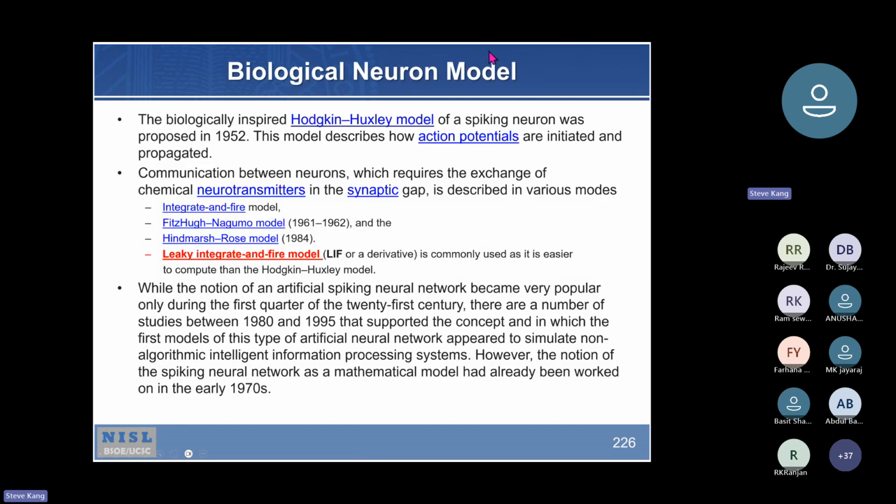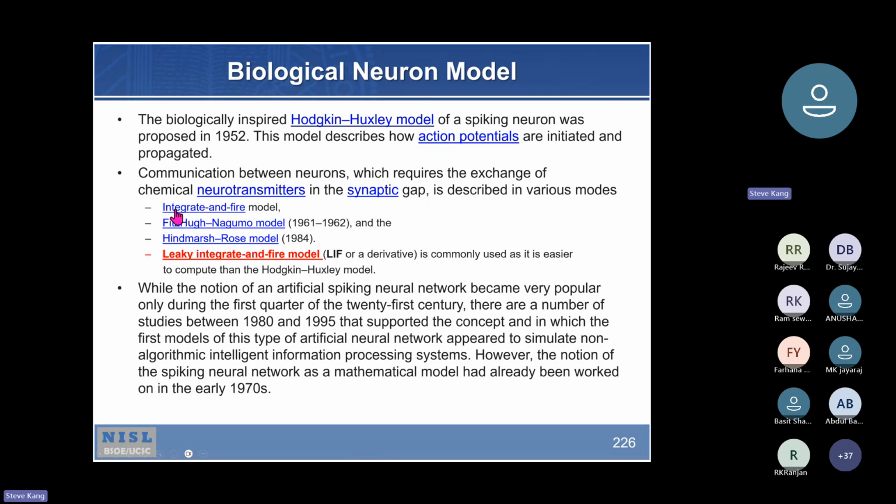So, the biologically inspired Hodgkin-Huxley model of a spiking neuron, which we discussed earlier, was proposed in 1952. This model described how action potentials, spikes, are initiated and propagated. Communication between neurons, which requires the exchange of chemical neurotransmitters in the synaptic gap, is described in various models.